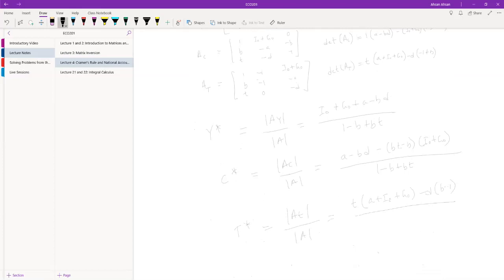This whole thing divided by 1 minus B plus BT.